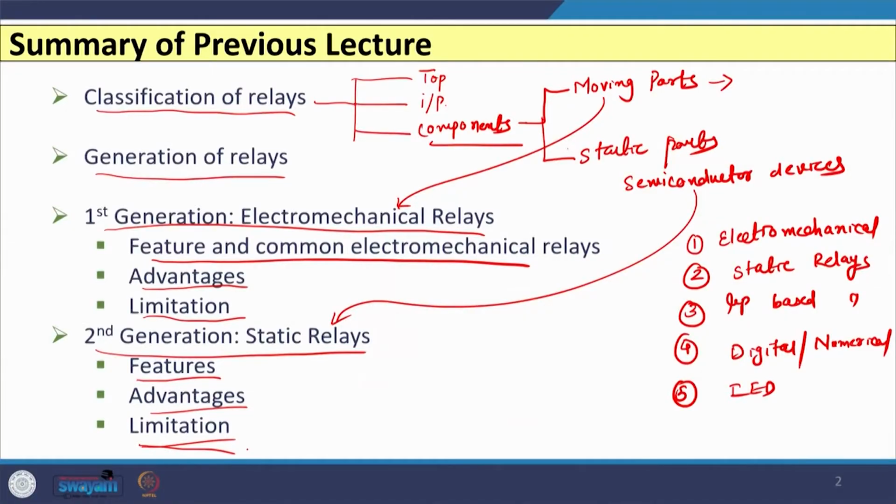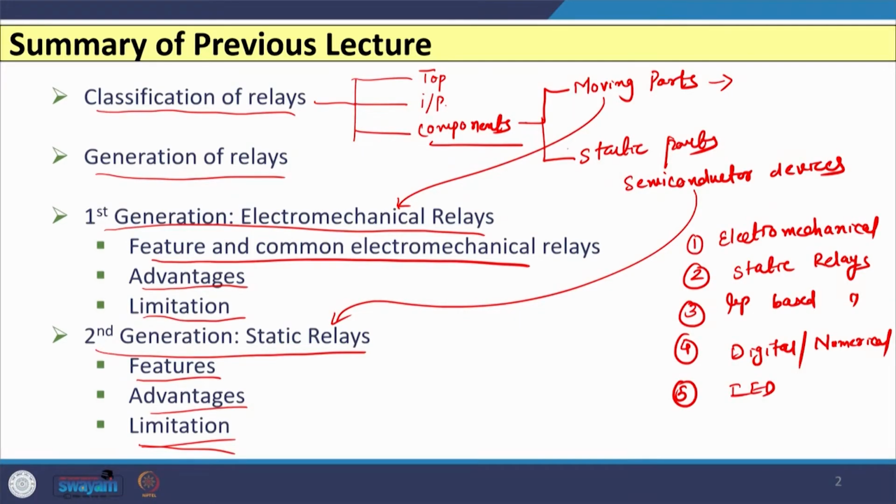However, this relay has certain limitations because of the semiconductor devices used, because their overload capacity is lower compared to other devices, and they may operate because of mechanical vibrations or temperature variations, and they do not provide proper performance when transients or spikes are available. So, that we have discussed.